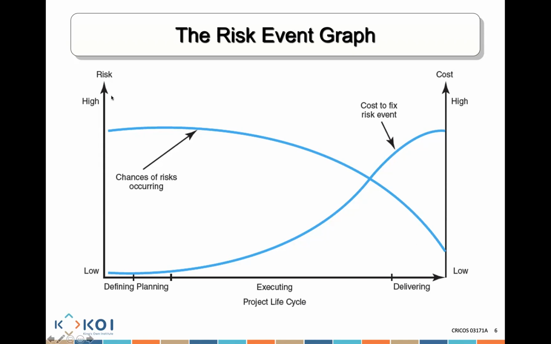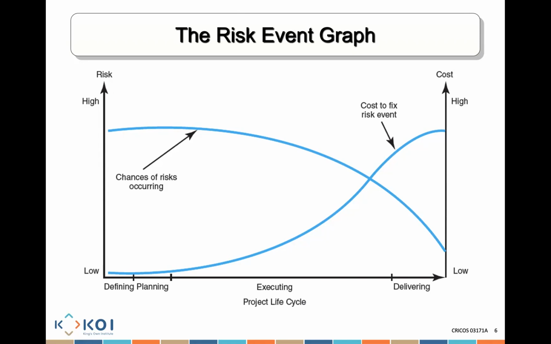But if we talk from another perspective, yes, risk is very high early on, but although it's high, if I identify that risk very, very early, I am basically able to deal with that risk in an appropriate manner very early on, because it is something that could be controlled.